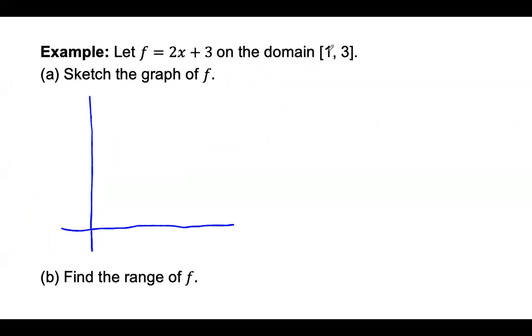Now the domain goes from 1 to 3, so that's going to be on our x-axis, and our y is here. We could start by plugging in the endpoints, and we notice that this is a linear function because it's going to be a straight line, which I'll talk about later.